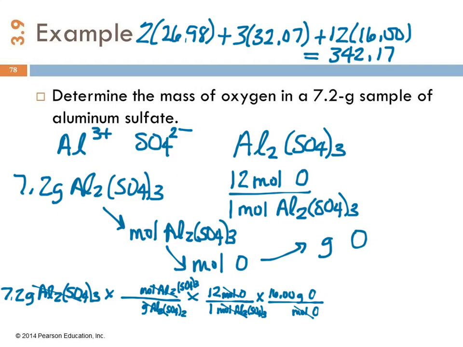Okay, so that's going to go in this first term, 342.17. And yes, sometimes our calculations are a little messy. And if they get too messy, then we write them over again. But I can still read that. So 7.2 divided by 342.17 times 12 times 16.